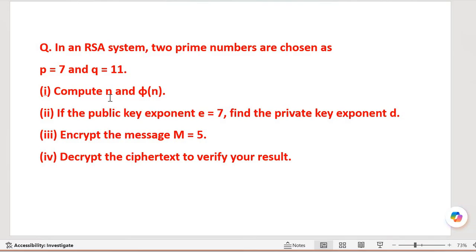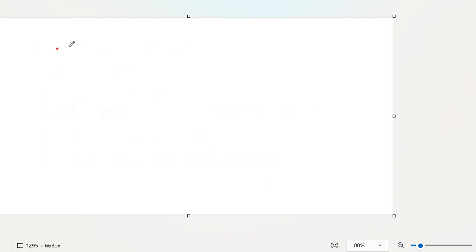So if you have a pen and paper, just simply calculate this. N will be what? P into q. P into q means 7 into 11. I will be using Paint, but if you have a pen and paper, you can use it for calculating n.